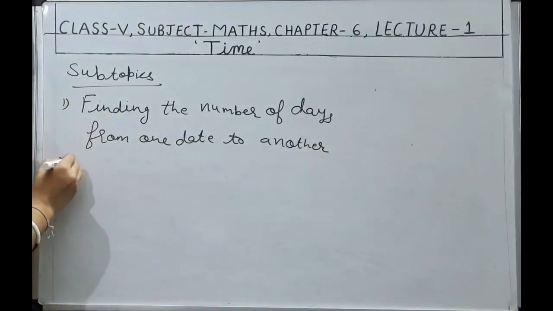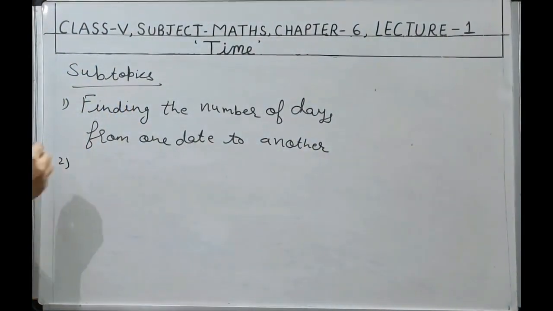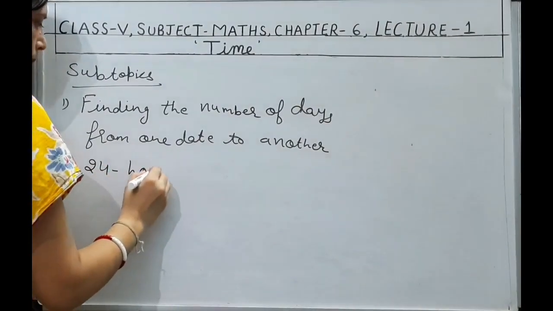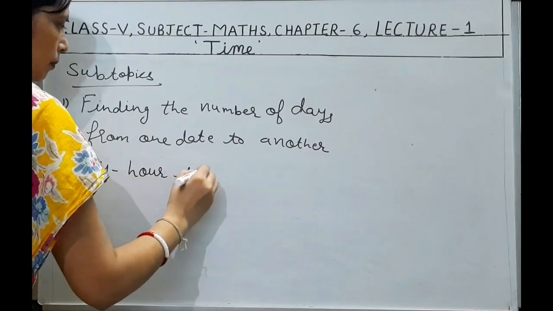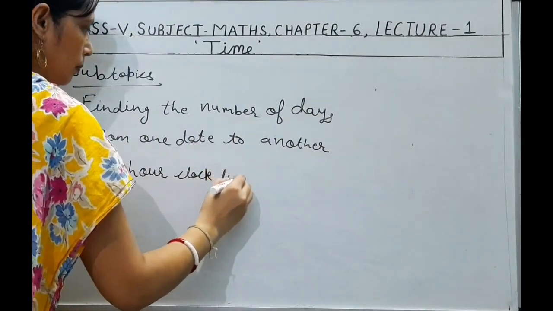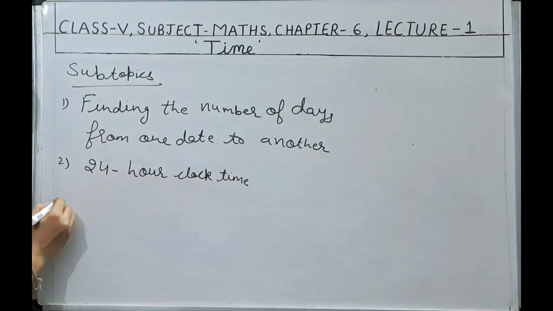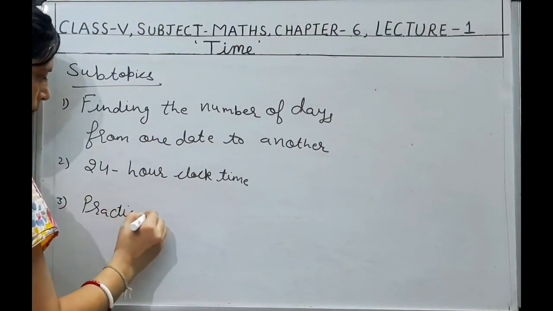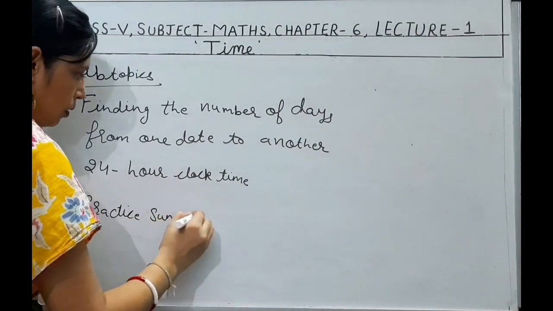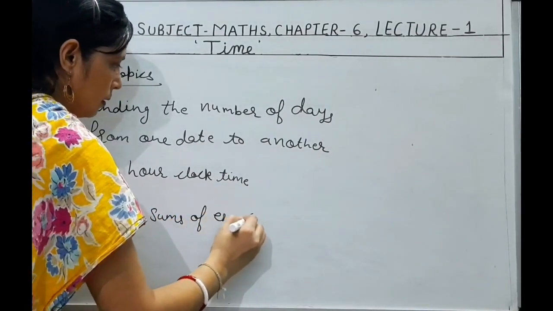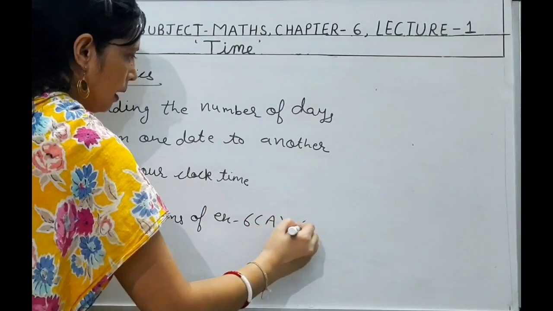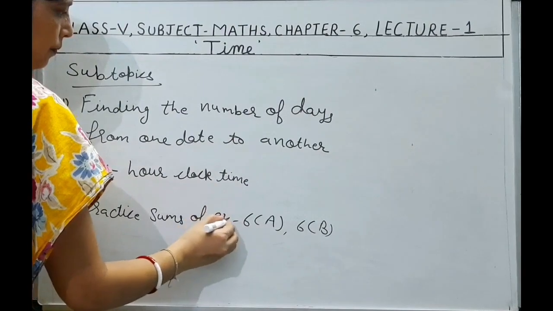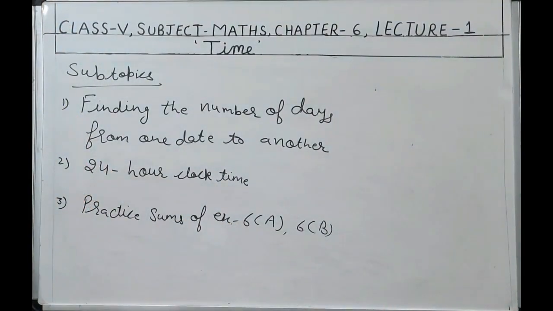Okay, and next is 24-hour clock time. Along with this, we will do practice sums of exercise 6A and 6B. Right?